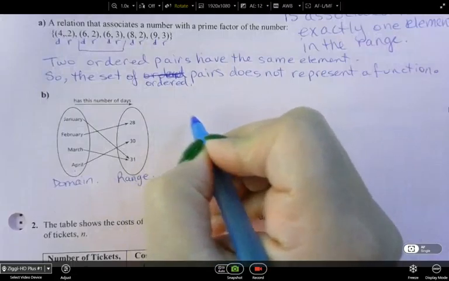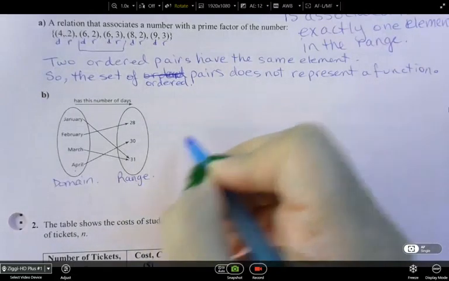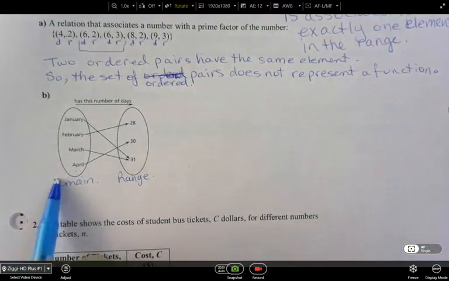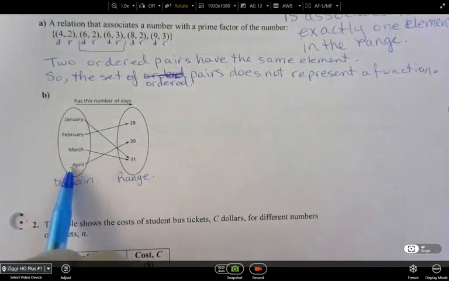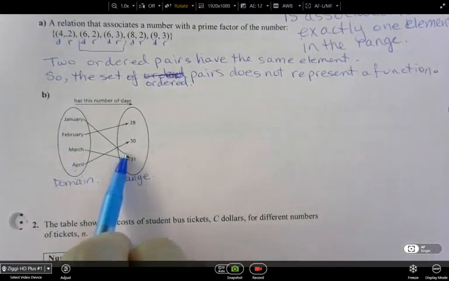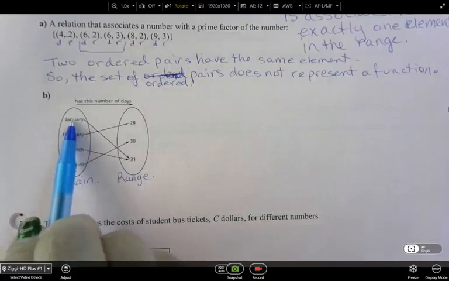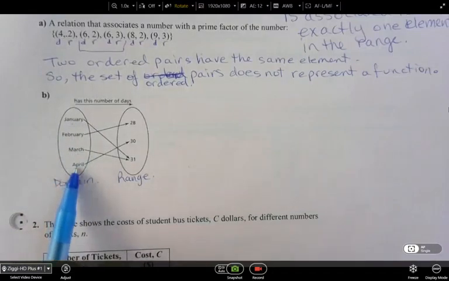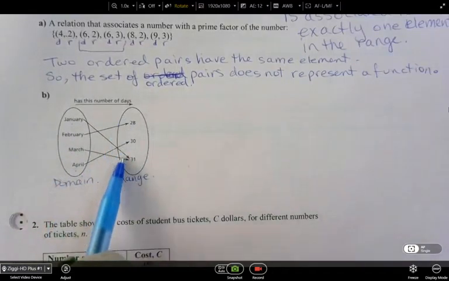What we need to do is check and see if any element in the first set associates with more than one element in the second set. So does any of these go to 2 of something here?